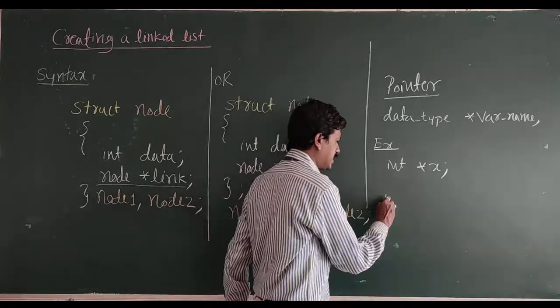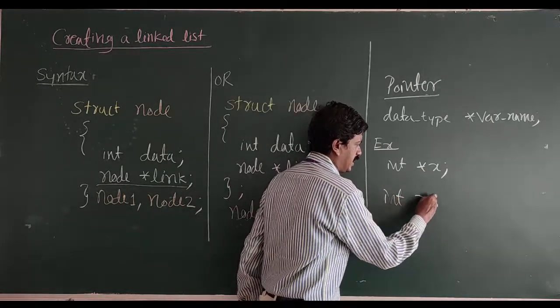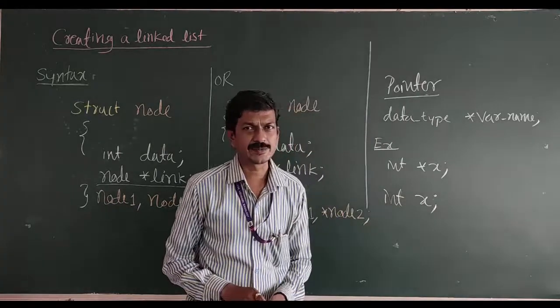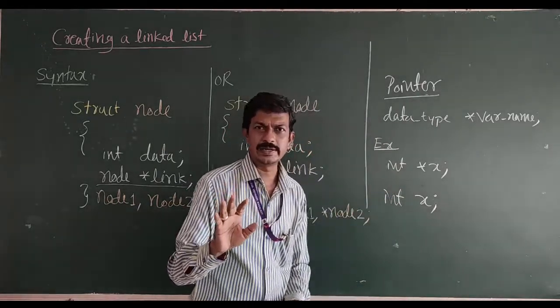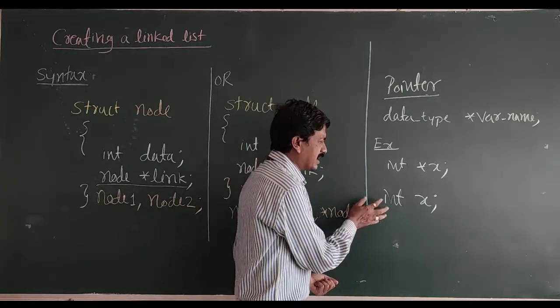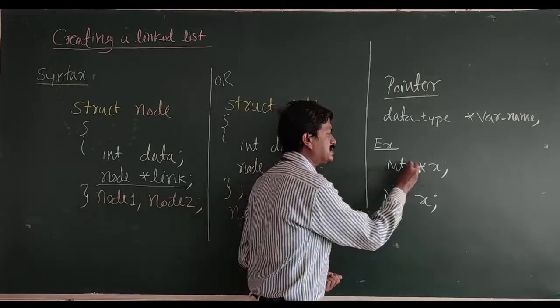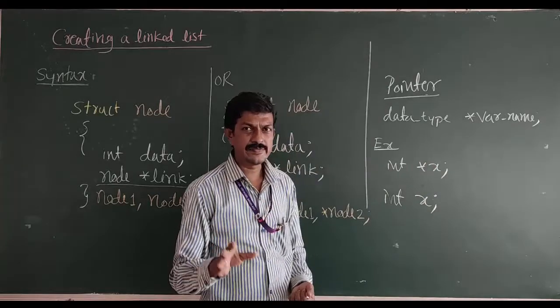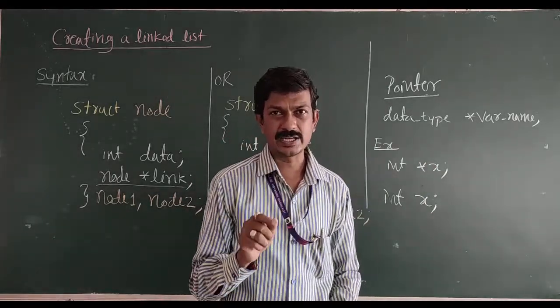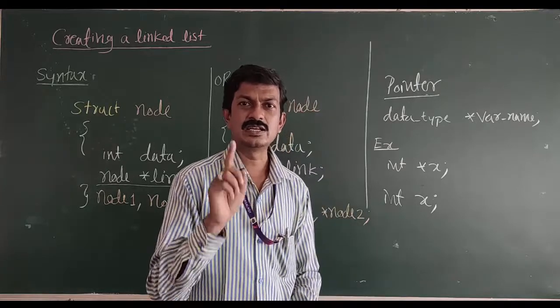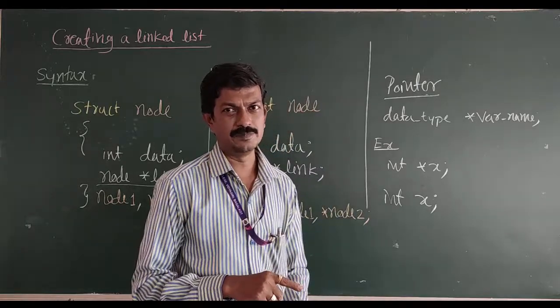If I declare int x, the difference between these two declarations you need to clearly understand: the difference between declaring int x and int star x. Any variable prefixed with the pointer star operator is the declaration of a pointer variable.